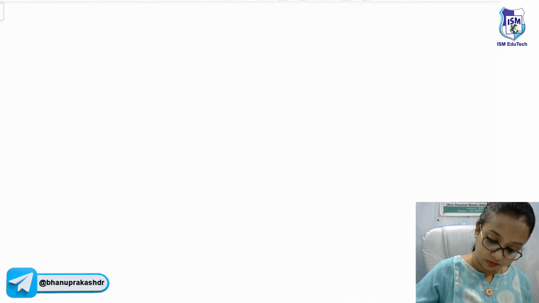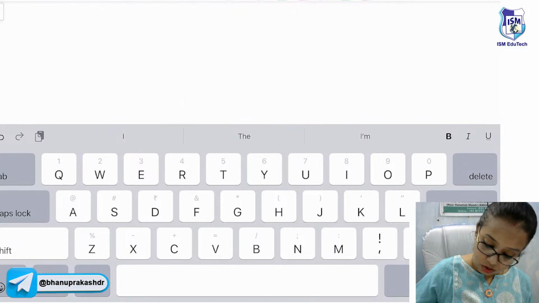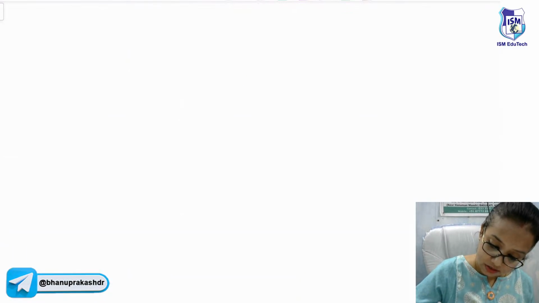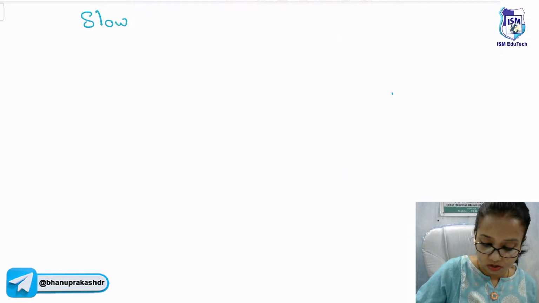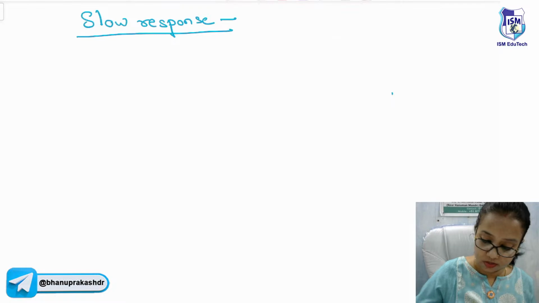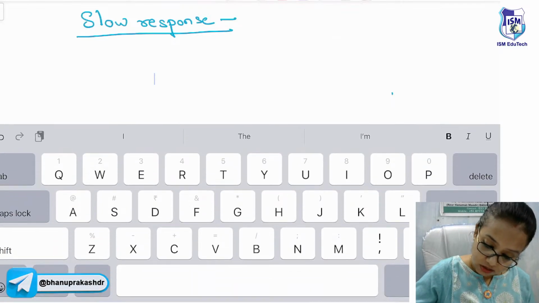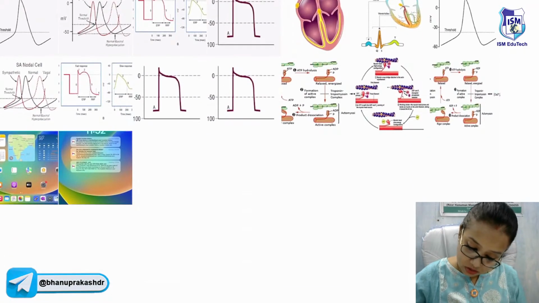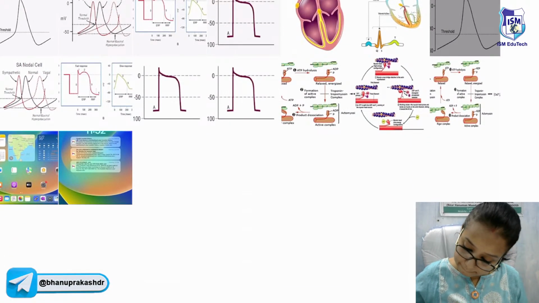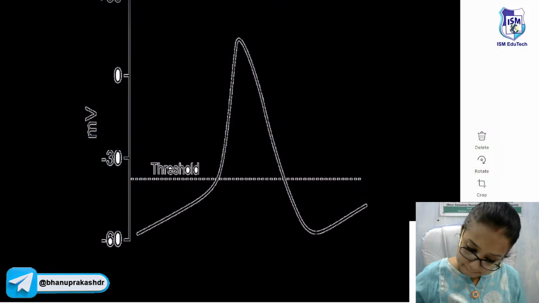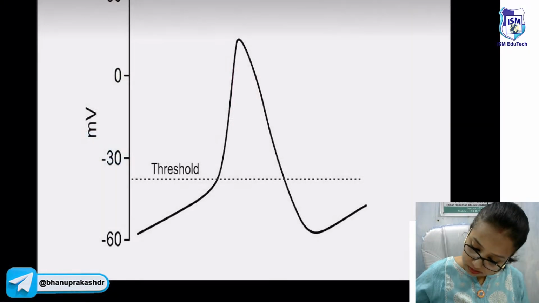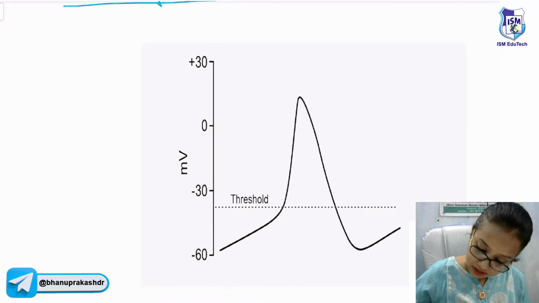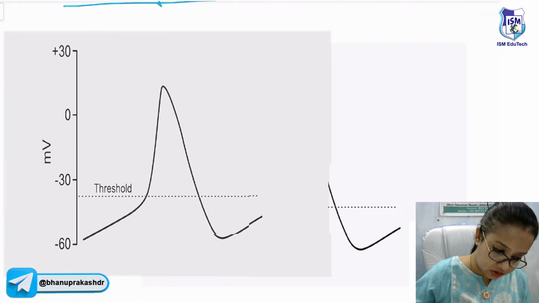Now coming to the slow response. Let me write first. Here in the slow response, this is a graph for the slow response.